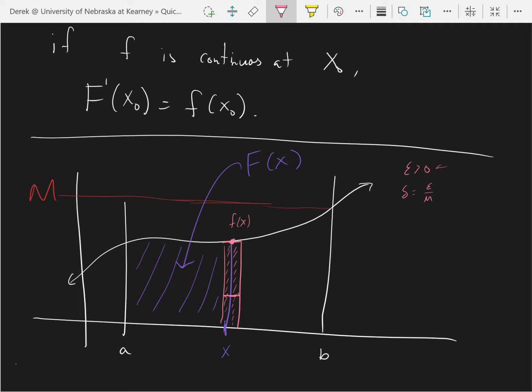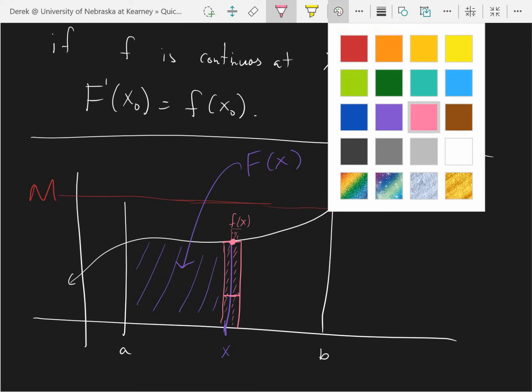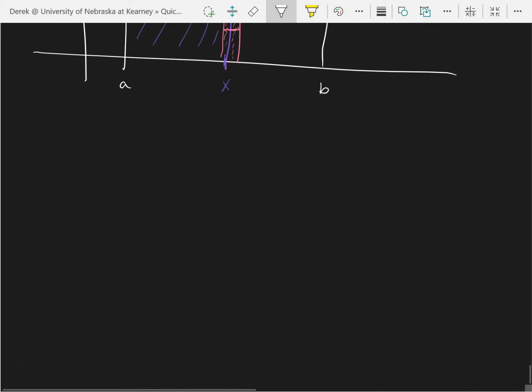If there was a jump there, then maybe I would have a rectangle up here and a rectangle over here on the left, and I wouldn't know exactly what that average value would be. But since it's smooth, that rate of change is exactly what little f of x is. So this picture says why it's continuous and why the fundamental theorem of calculus works. Let's actually go through the math now.